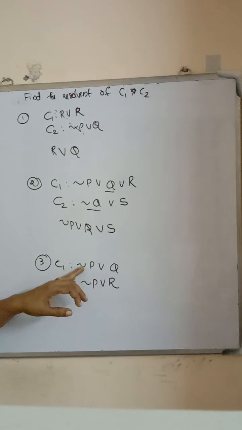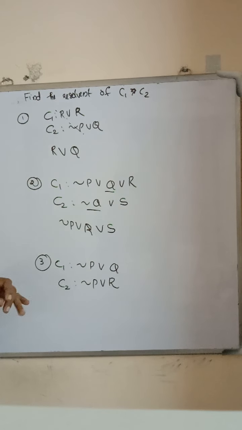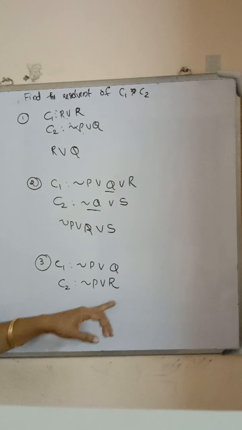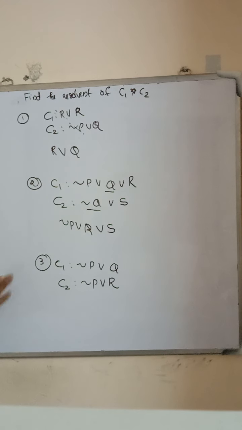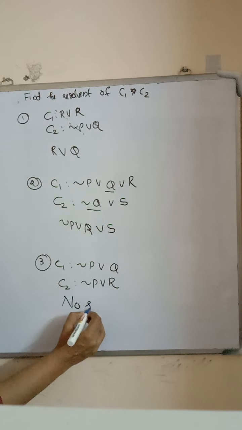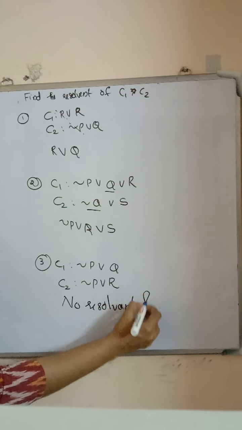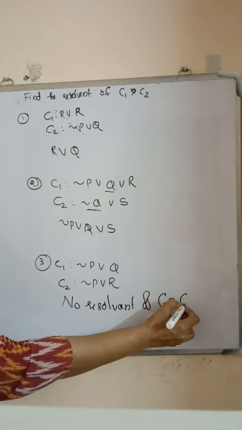In C1 the literals are negation P and Q, and in C2 the literals are negation P and R. So there is no literal in C1 that is complementary to any literal in C2. There is no resolvent of C1 and C2.